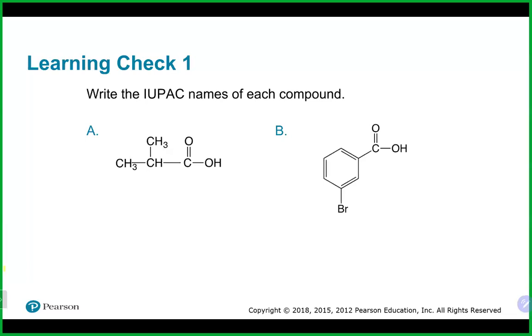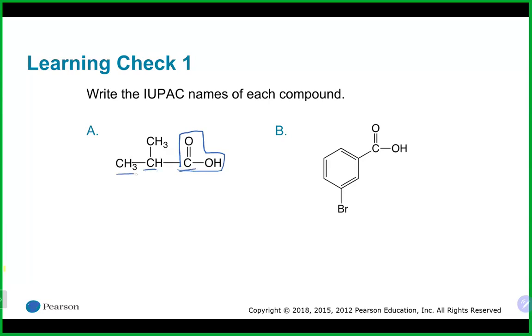All right. Give a couple names here for these guys. Okay, so let's take a look. Once again, the first thing you always want to look for when you have a structure is the functional group, right? So that narrows down how you should name it and what you should be looking for. So once again, we see our carboxylic acid group there, and that is going to be looking for our carbon chain.